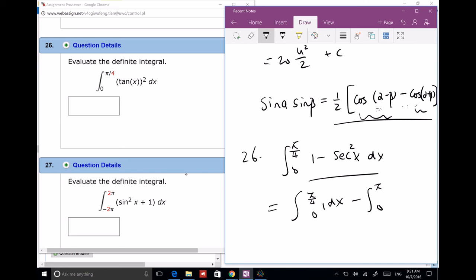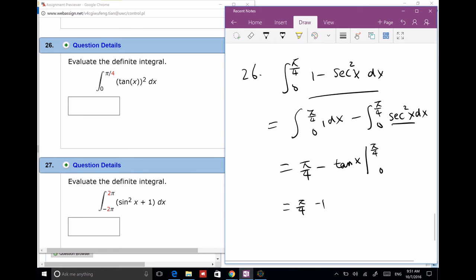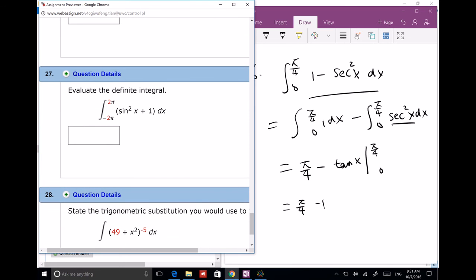Yeah, we don't have a function for the antiderivative of tangent to the power of 4. Now this is just the power of 4. The antiderivative of secant squared is tangent. So just tangent x to the power of 4 over 4, so just power of 4 minus 1. Pretty simple, right?